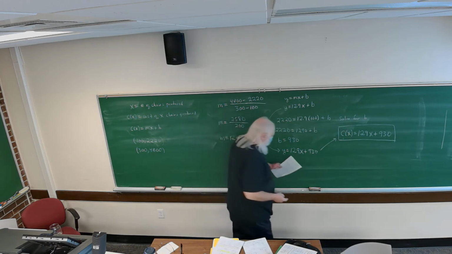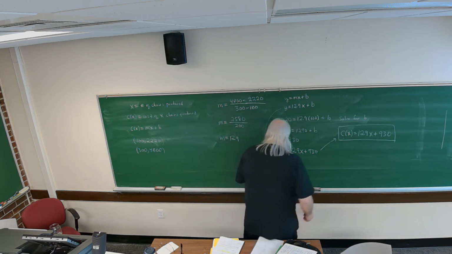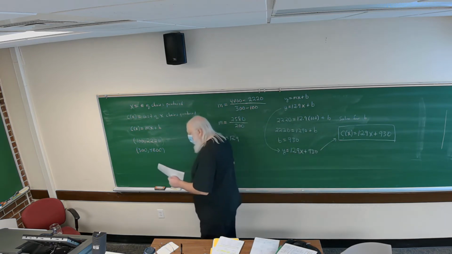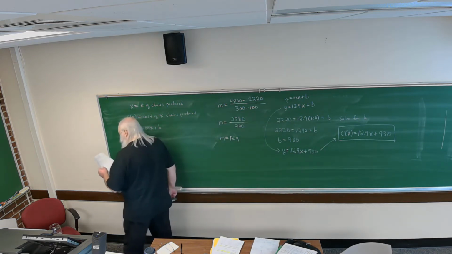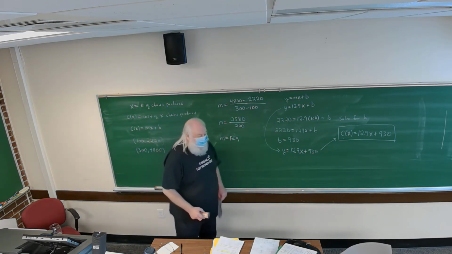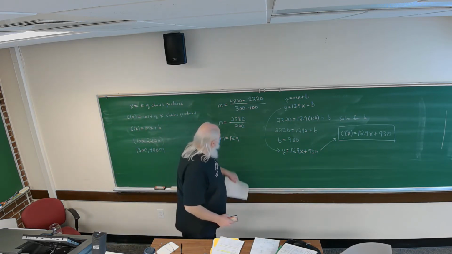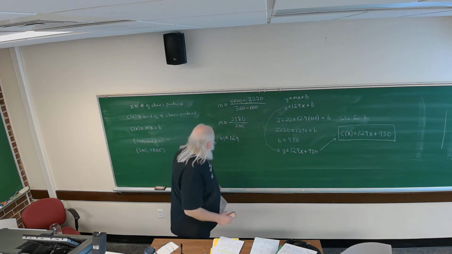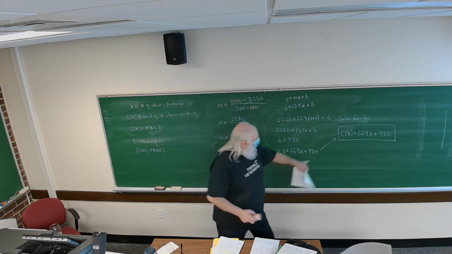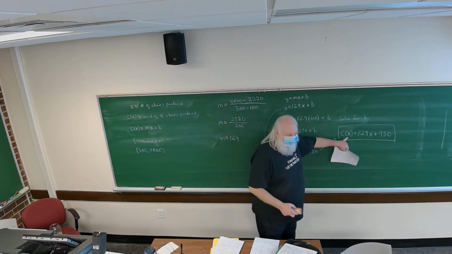In B, it says using this function, find the factory's fixed cost, that is, the cost incurred when the number of chairs produced is 0. Well, we already know the answer, sort of, technically, right? It's the y-intercept, 930, that we found here. So all we're going to do is put in 0 for x.